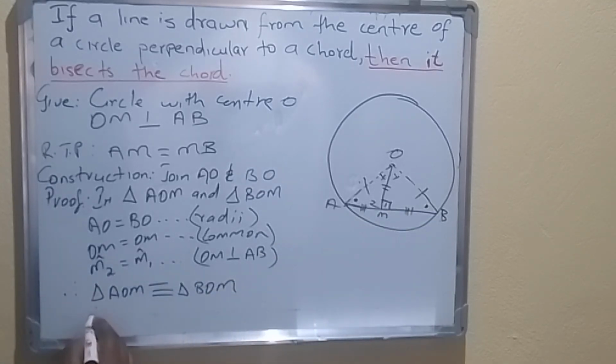So I can conclude and say, therefore, AM is equal to MB because these two triangles are congruent. So we have proven that AM is equal to MB.